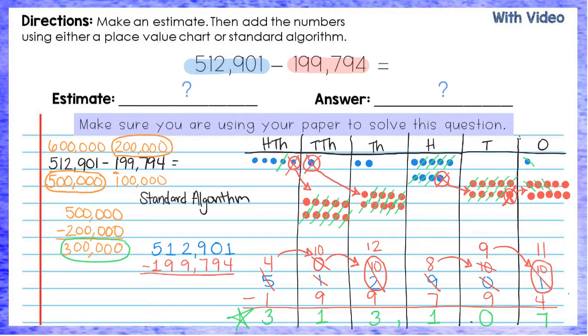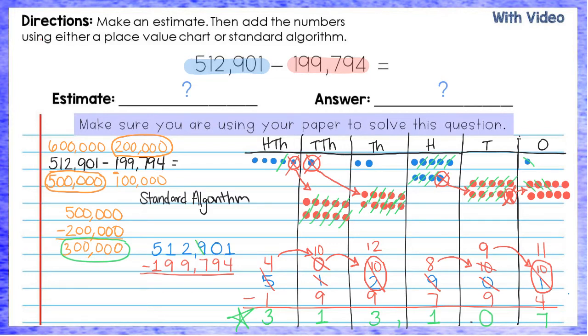All right, we're going to start in the ones place. 1 minus 4. Can we do that? No, we can't. So we need to come to the next place over, the tens place. Can we regroup from 0? No, we can't. So we're going to regroup from the hundreds place.